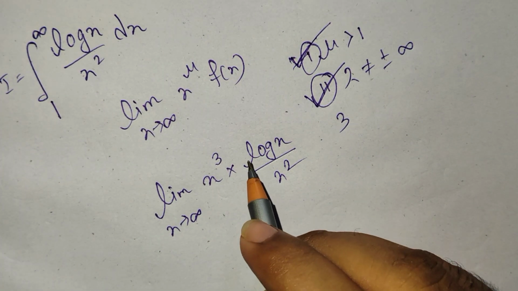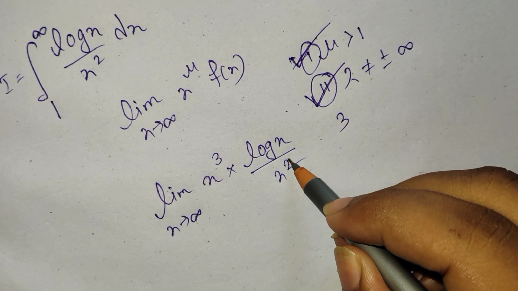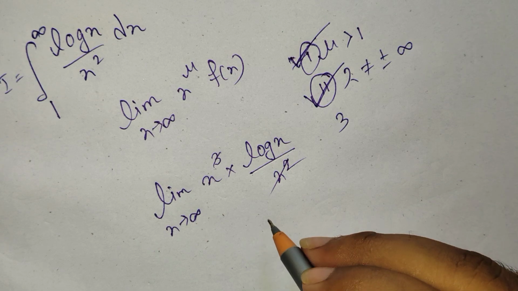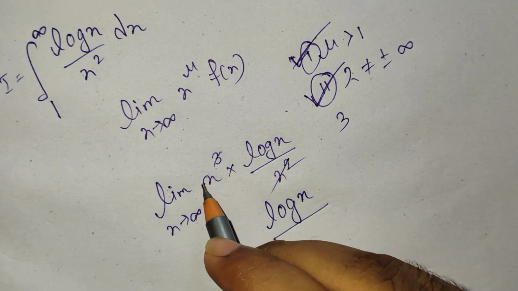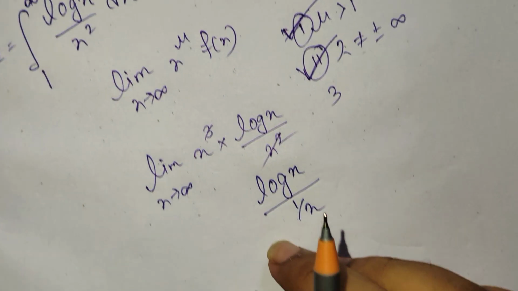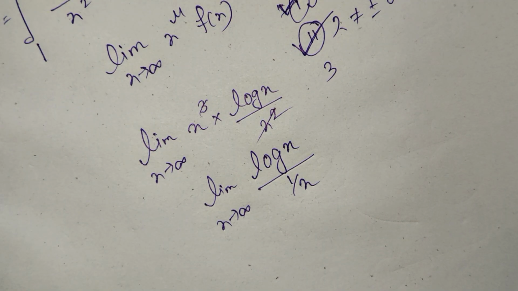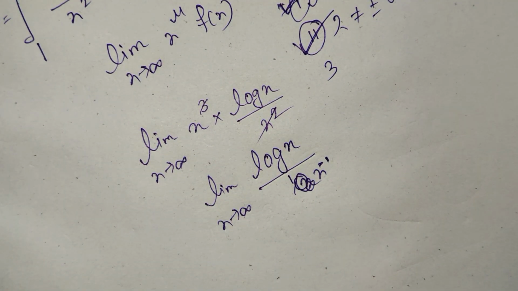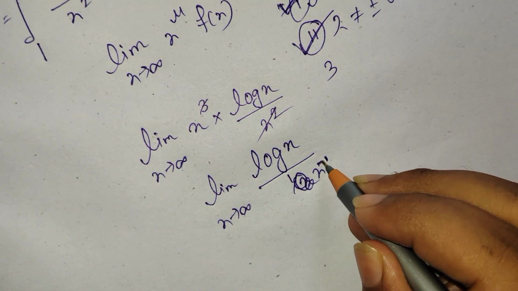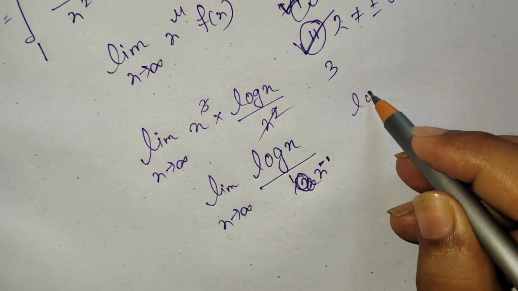Now this is x, this is log, 1 by x, limit x tending to infinity. Now you can see here basically this is x to the power minus 1. Now you can see we can't solve this properly. Basically, this will be log of infinity.